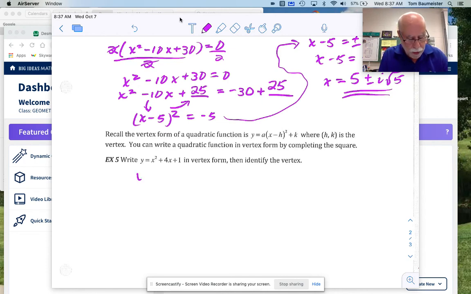So on this one here, the only difference is now I have 2 variables, not 1. So if I have 2 variables, I still have the x squared plus 4x, all right? But now I'm going to kind of separate the 1 from it. So now I'm going to put a plus here, and I'm going to put a blank, all right?